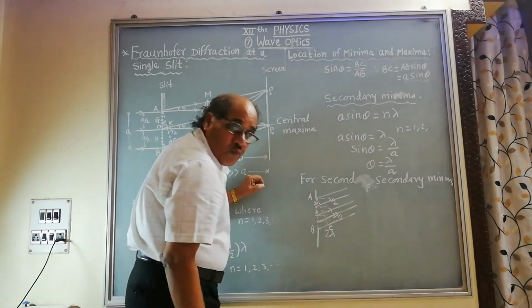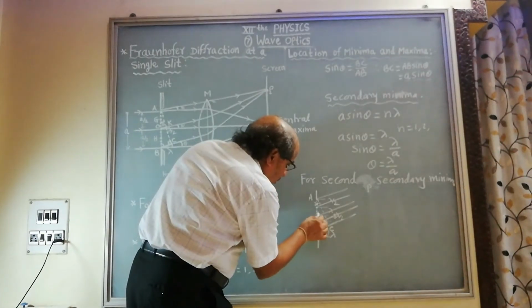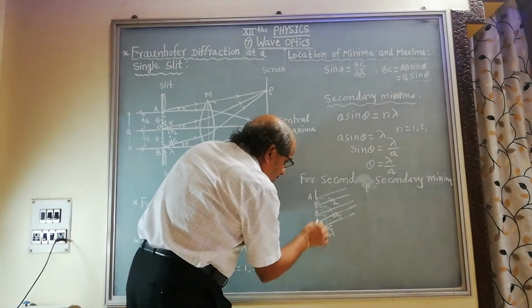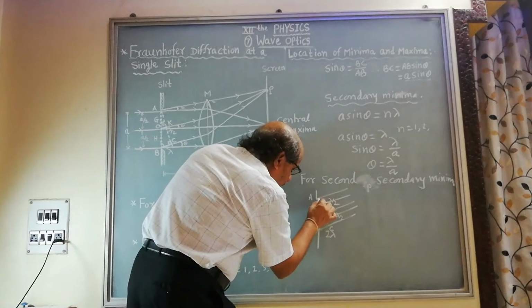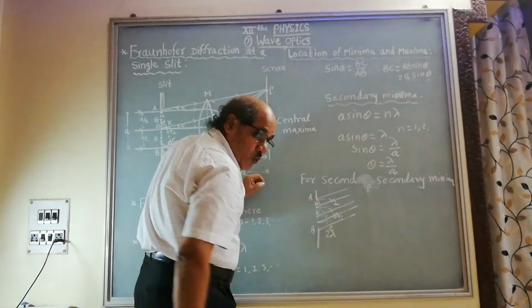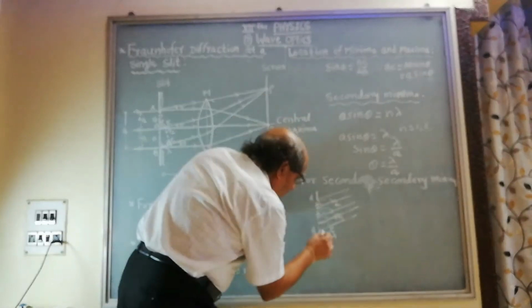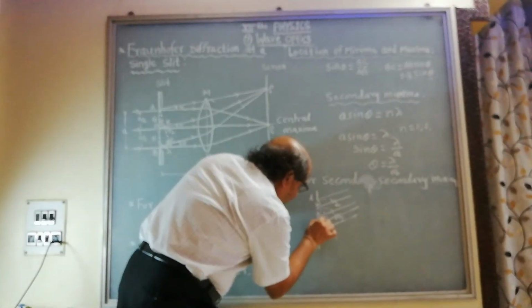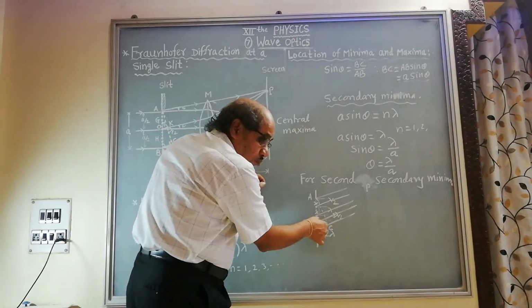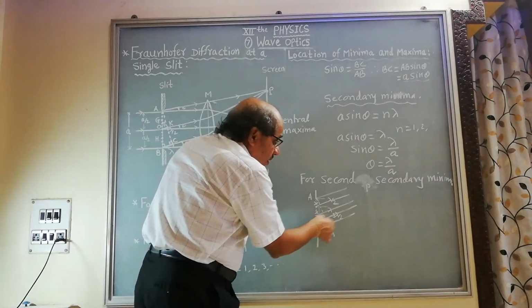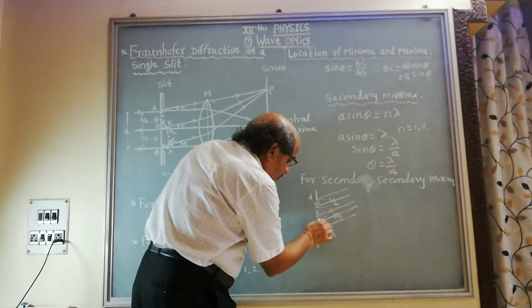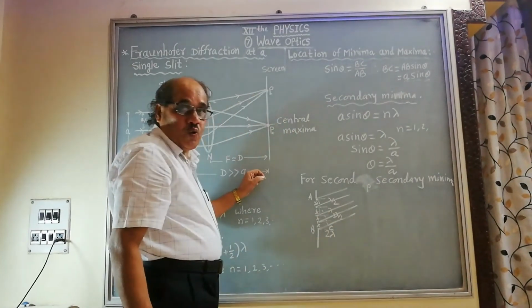Similarly, another wave coming from this point reaches the point P. So the path difference between these two waves is lambda by 2. Similarly, the waves coming from these symmetric points reach the point P having path difference lambda by 2.